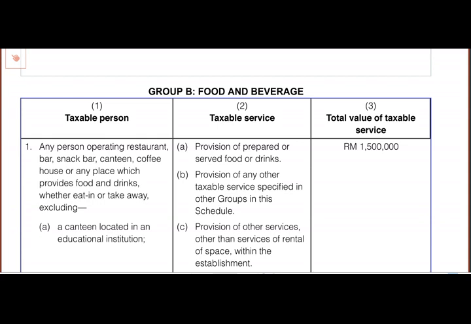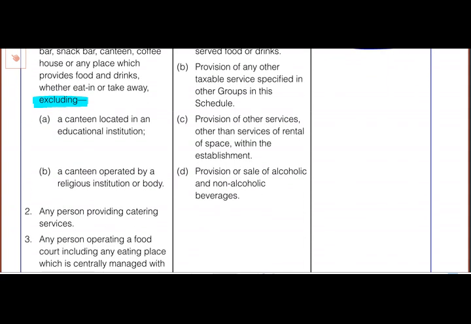F&B generally is what? Restaurant. And restaurant is only taxable if the threshold is what? 1.5 million. It's much higher. Now, we will exclude if it is a canteen in an educational institution or a canteen operated by a religious institution. So, school canteen, you don't have to register.